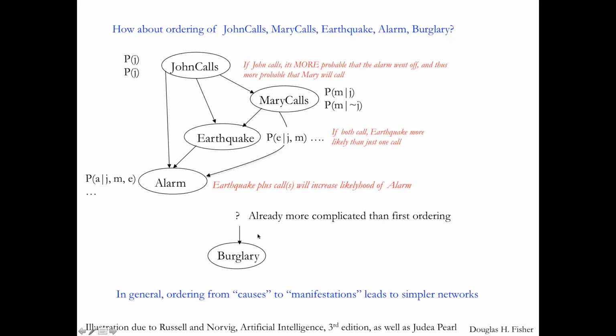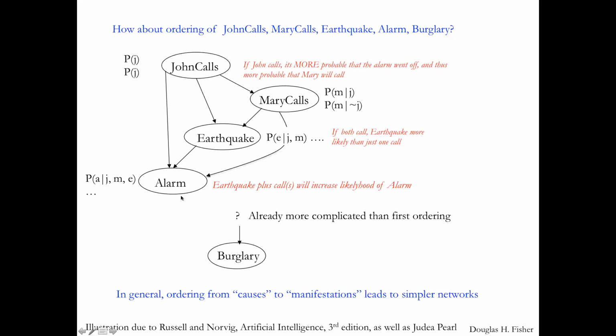We might then add burglary, but I'm not going to at this point because this network is already more complicated than the earlier network. This has 6 arcs versus the complete network earlier that has 4. And with this node right here, for say positive alarm values, we would have 2 to the 3rd, or 8, patterns associated with these binary valued variables.